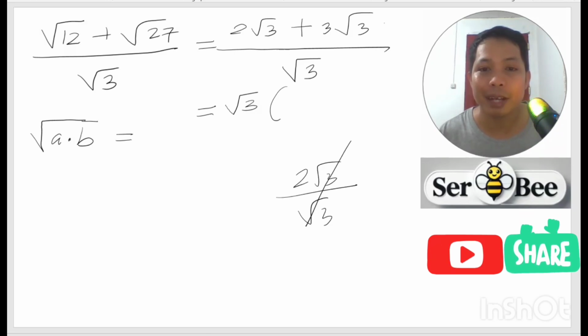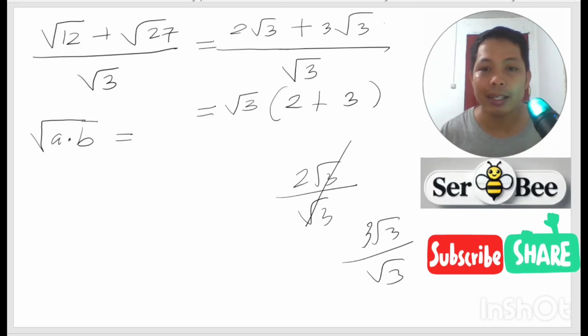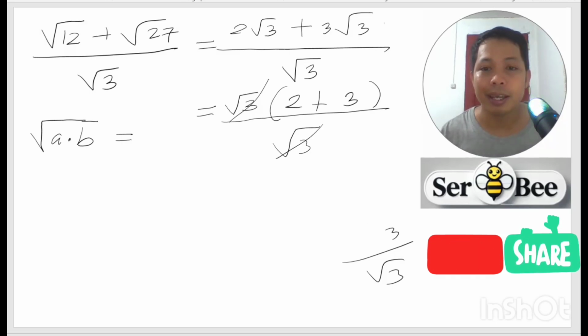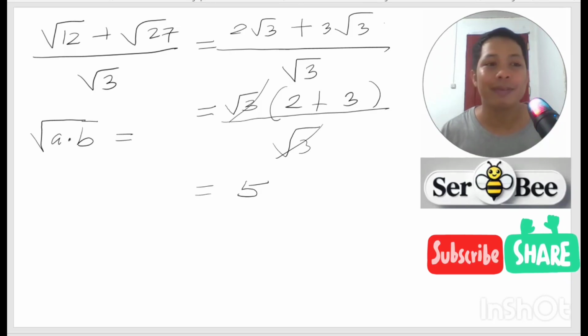Then write the denominator, which is the square root of 3. So clearly you can cancel this out, and the final answer is 2 plus 3, which is 5.